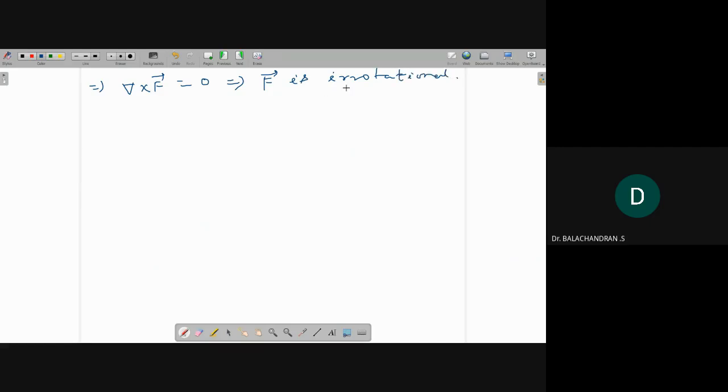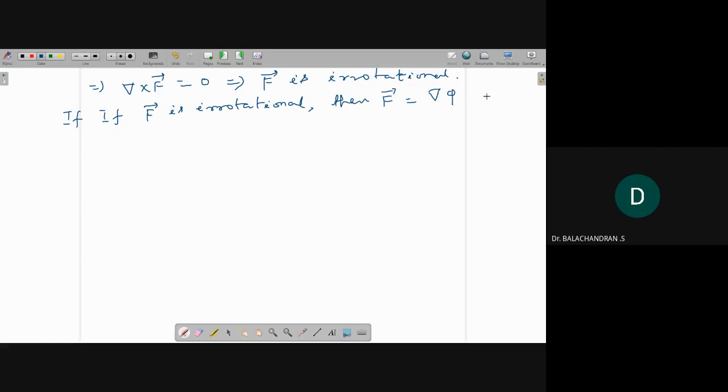Okay. Now I am going to use the previous theorem. If F vector is irrotational, then so what is F vector? Del phi. Okay, F vector equals del phi by the previous theorem.